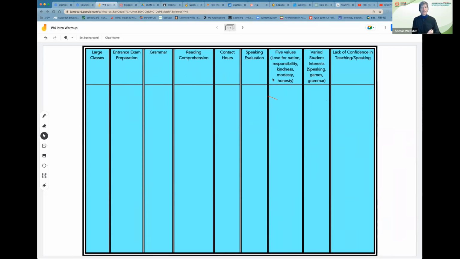This is quite interesting, of course, because it's not really content-based. This is more character development, which I'm actually really happy to see. Love for nation, nationalism, really, responsibility, kindness, modesty, honesty. These are good things, but again, they can be difficult to add to your plate to teach. Varied student interest in terms of what they like to do in the classroom was another issue.